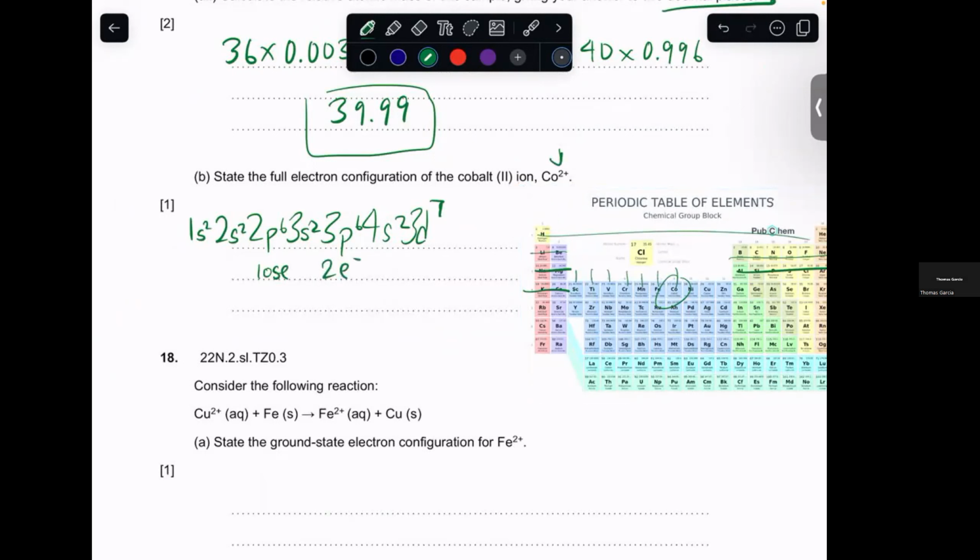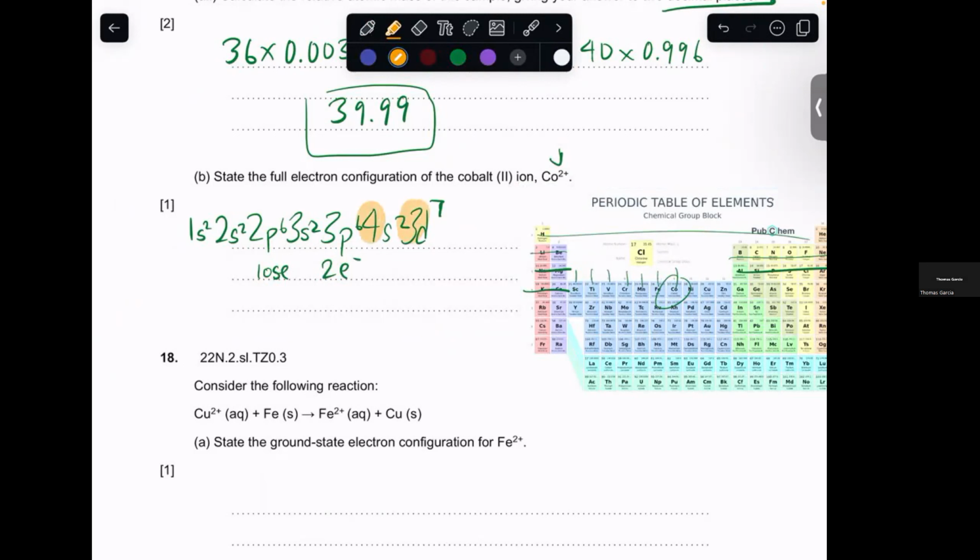Now, the wild thing is the d likes to be at 5 or 10. It doesn't actually like to be removed, but also because of this, generally we think about removing from the higher energy level first. So we're kind of stuck between removing from 4 or 3.